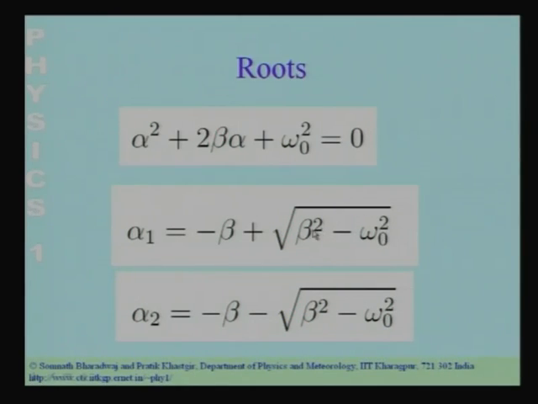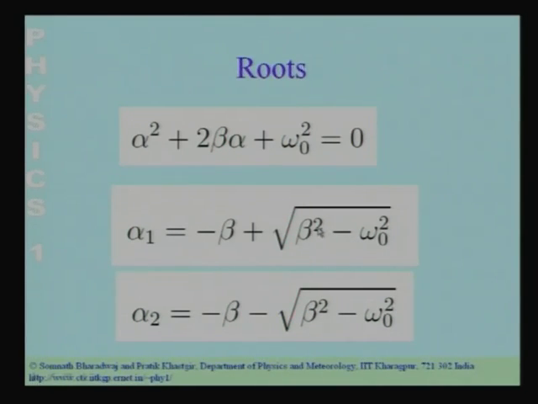Then this factor over here exactly cancels out for both the roots, and both the roots are exactly equal. This situation is referred to as critical damping. We shall come back to this later, but the point to note is that beta equal to omega naught marks a dividing line between two kinds of solutions.